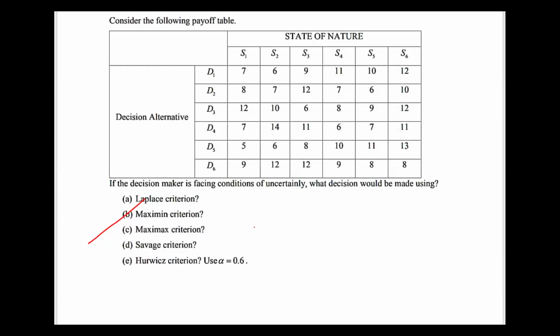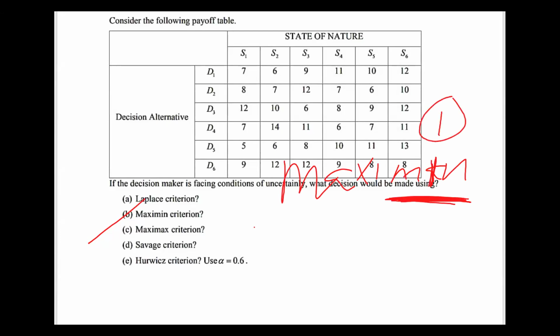Now, when you are using the max-min criterion, we read these words from right to left. I'll explain what I mean. Right to left, not left to right. The first thing you start with is to find the minimums of these scores.